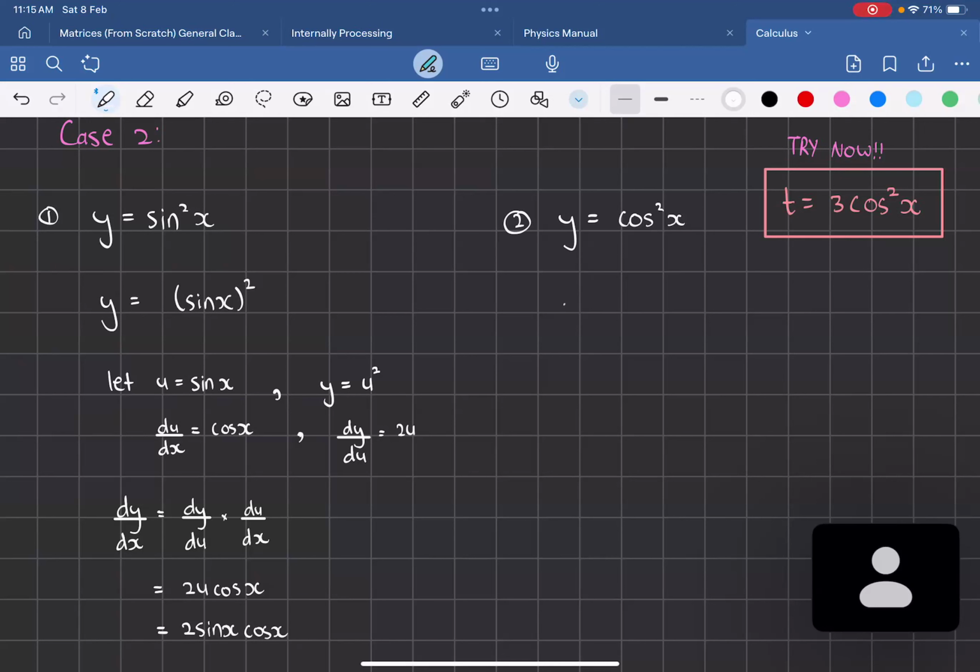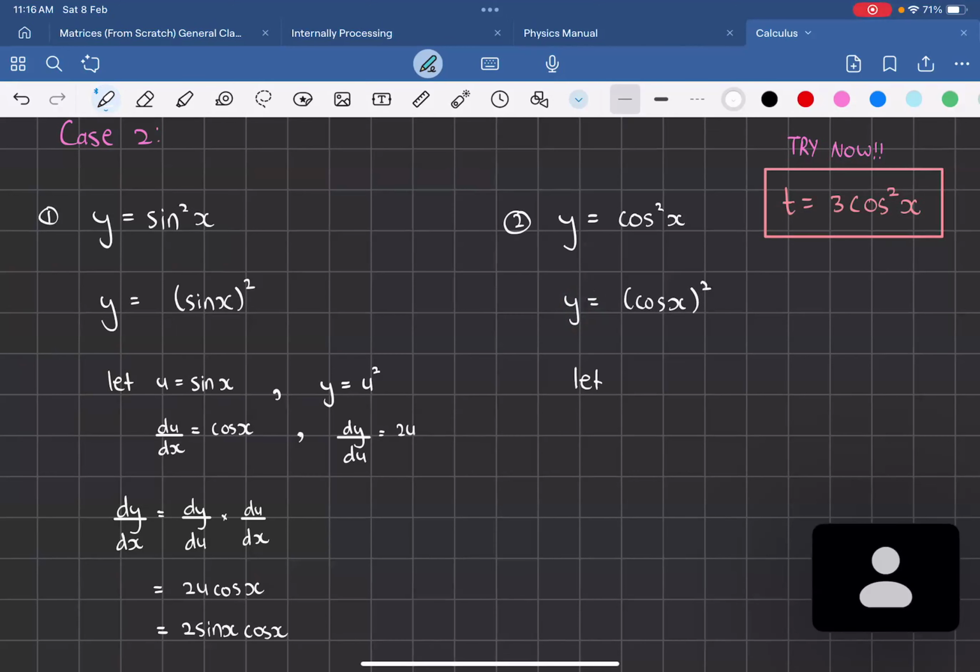We don't know how to differentiate cos squared x, which is essentially the same thing as cos x squared. So what we need to do is split it up into two functions that we can easily differentiate.